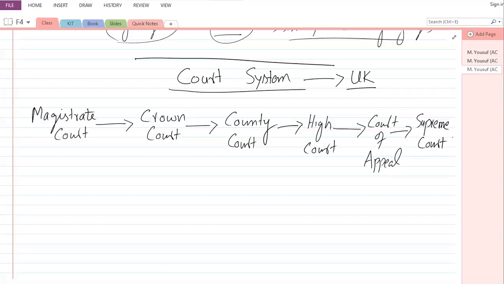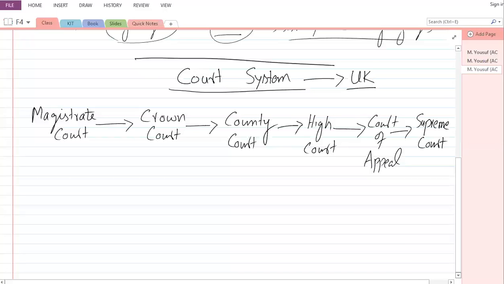But before starting the court system, we need to understand one very important concept, which is the core basic to understand why a case is moving from magistrate court to county court.